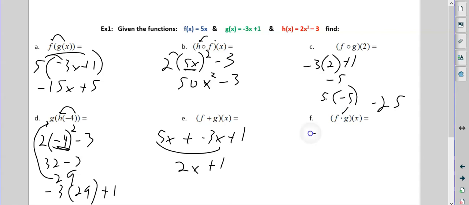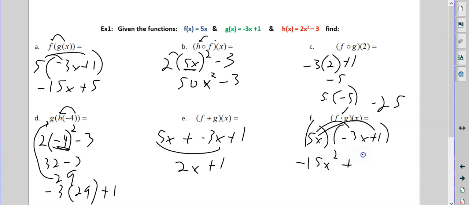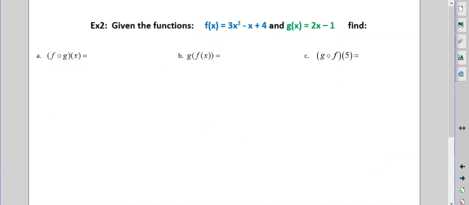So we're going to take F times G. So we're going to distribute here. 5 times -3 is -15, x times x. And then we're going to multiply here. Plus 5x, and we are finished on that one.